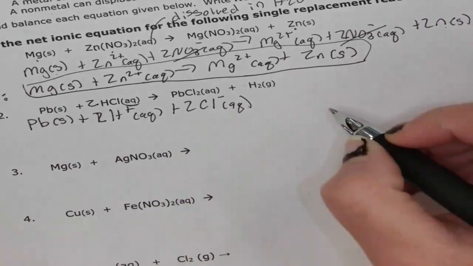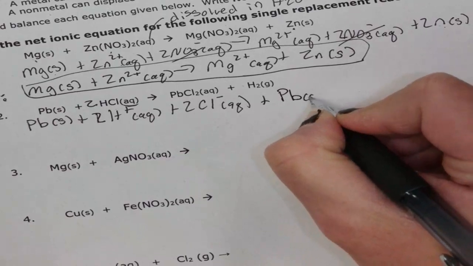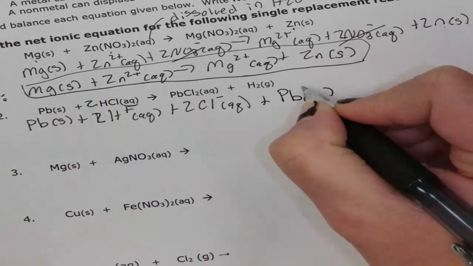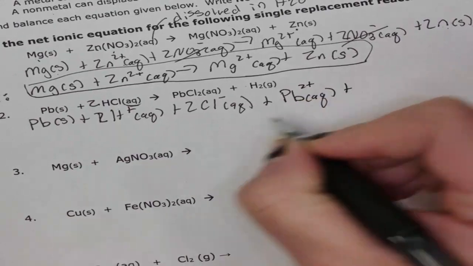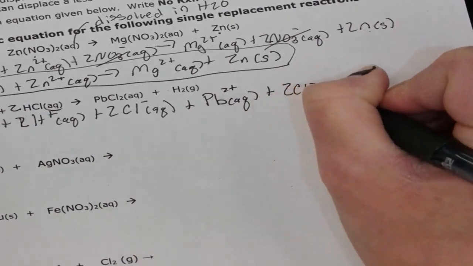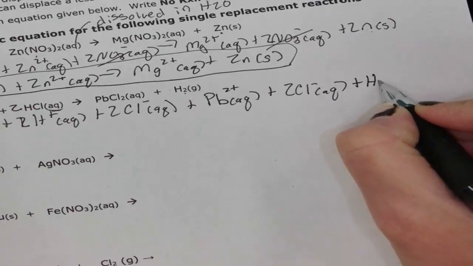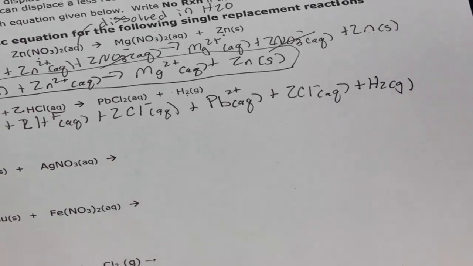Lead 2 chloride is aqueous, so my lead, and that's a 2 plus. My chloride, I have 2 of them. And then my hydrogen gas. All right, so here we have the formation of a gas, and that's okay. We could form a solid, a liquid, or a gas.